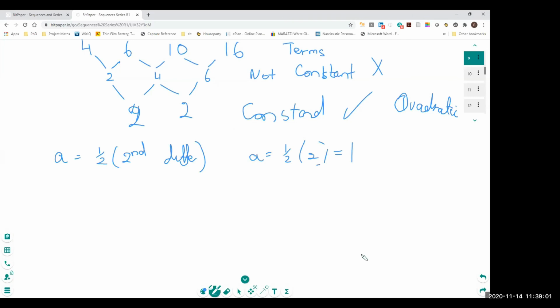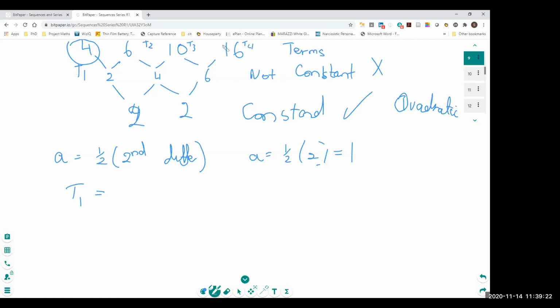Okay. So what's the next part? We know then we substitute in, we have T1. We know what it is. What's T1? It's 4. T1, T2, T3, T4.